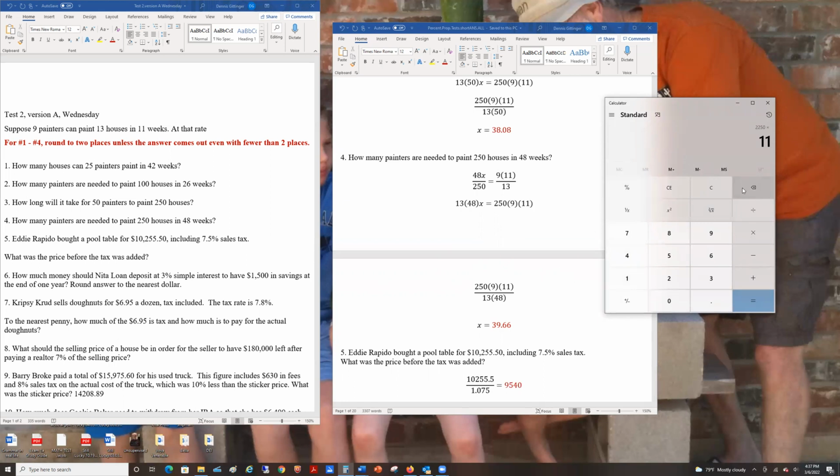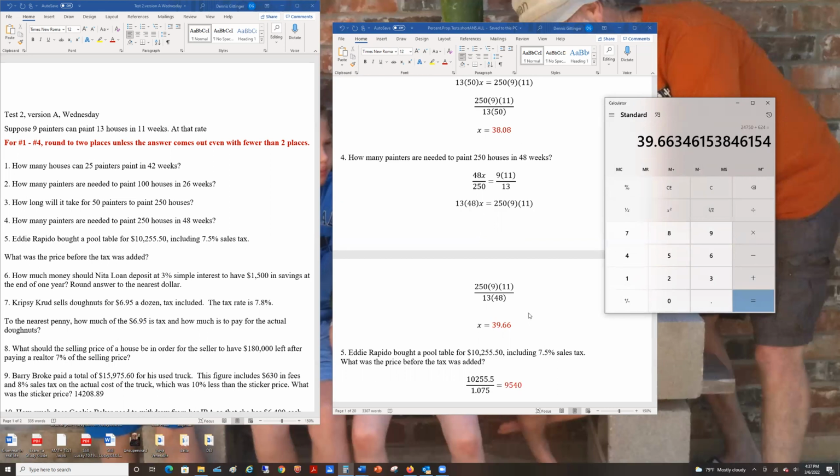Let's put the denominator in memory, 13 times 48. Well, that's not right either. I need to multiply it first and then put it in memory. Then I say 250 times 9 times 11, divided by what was in memory, and I get 39.66.